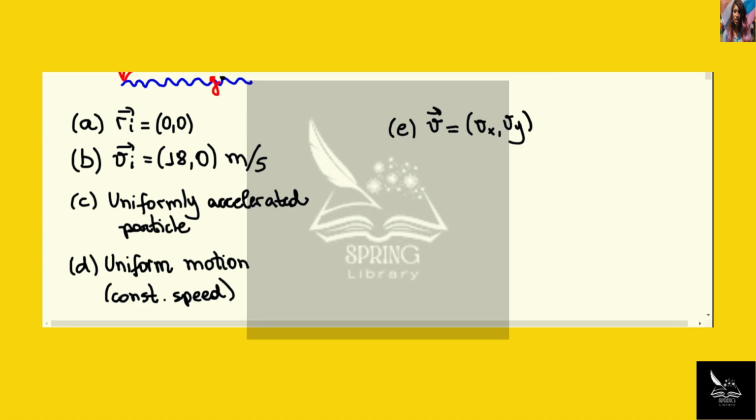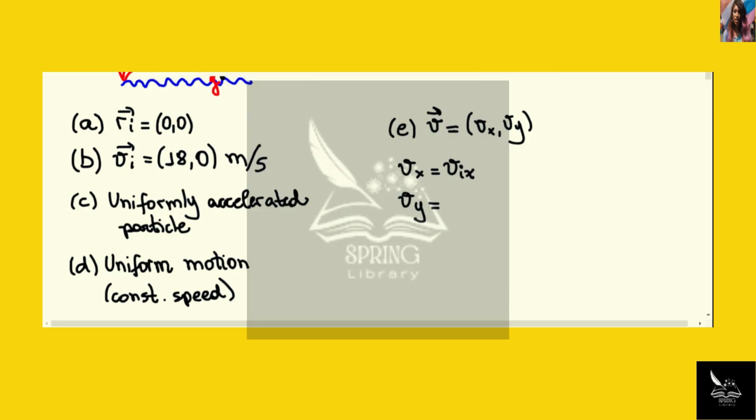From the answers to questions C and D, we have that the motion in the x-coordinate is the motion of a particle with constant speed. So this is just going to be the initial speed in the x direction, which we know is 18.